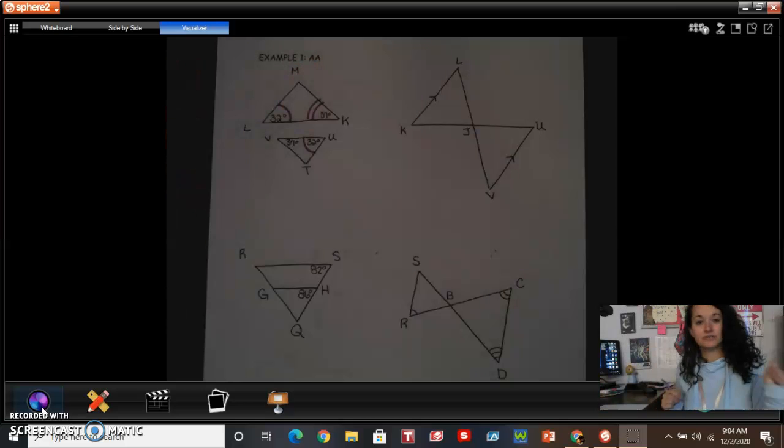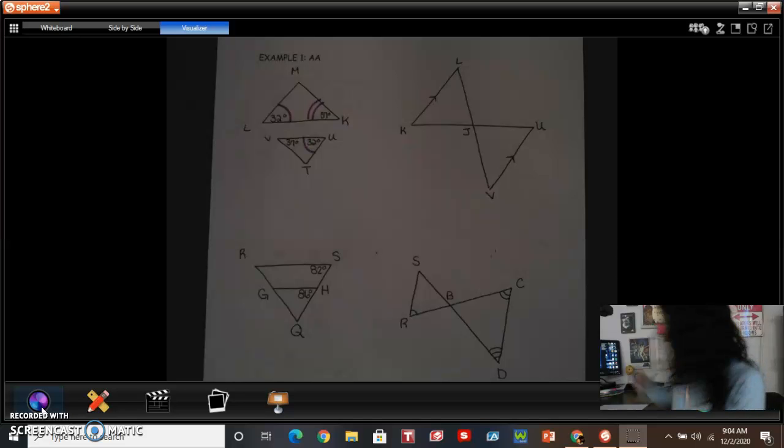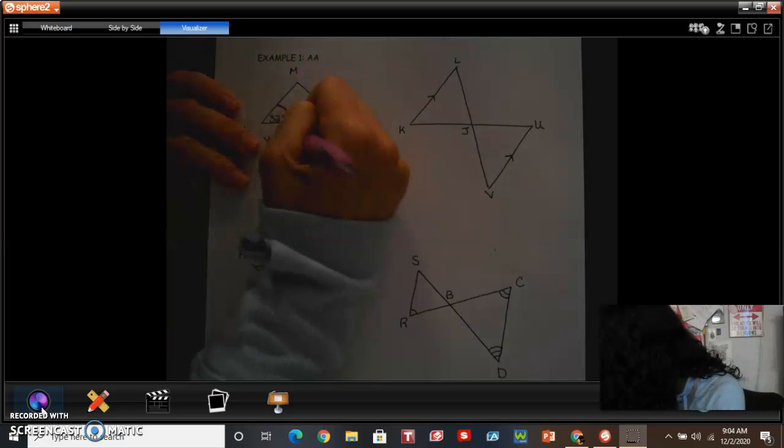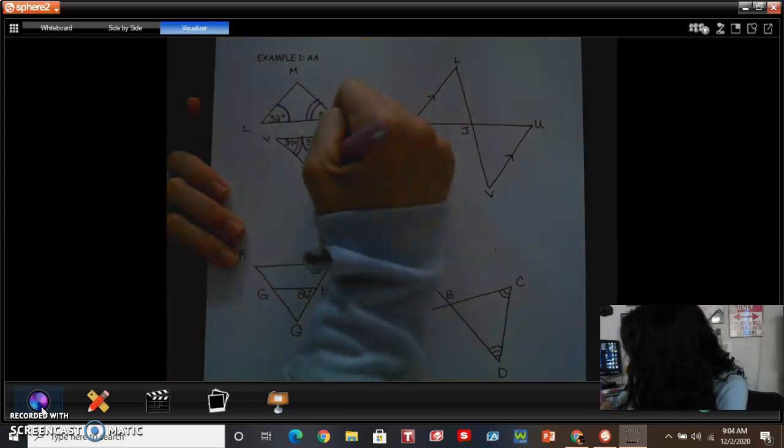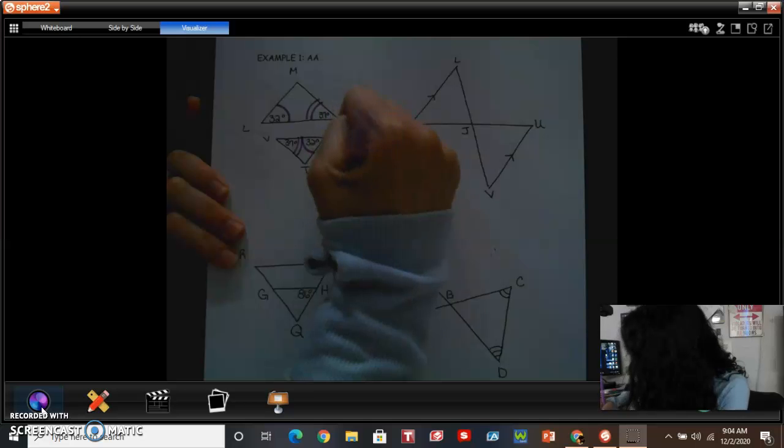Do we have a 37 degree on the other triangle as well? Voila, we do. So because these two triangles both have two congruent angles, we can say that they are similar by angle-angle.